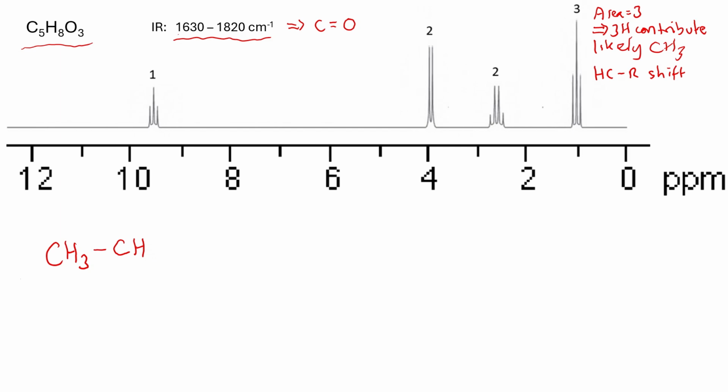So again, we'll write down, that's important, you document your thinking, because an examiner needs to see that you worked this out, that you didn't just guess things. So you can say this is a triplet, and that means that there are 2 hydrogens on adjacent carbons.